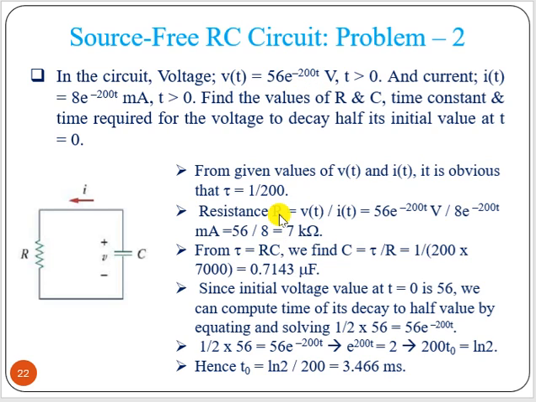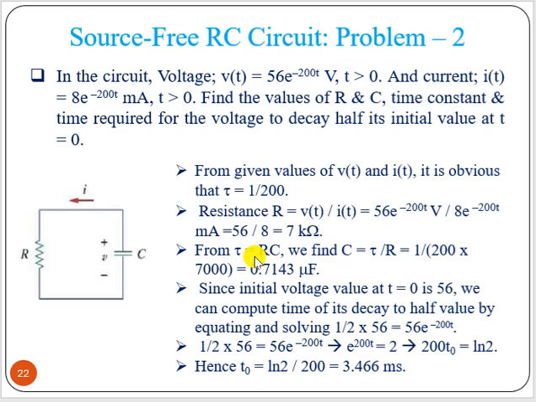So the resistance value is nothing but Vt by It. So we got the resistance value as 7 kilo ohm, because the current is given in milliampere. So milliampere goes in the denominator, which gives you kilo ohm.